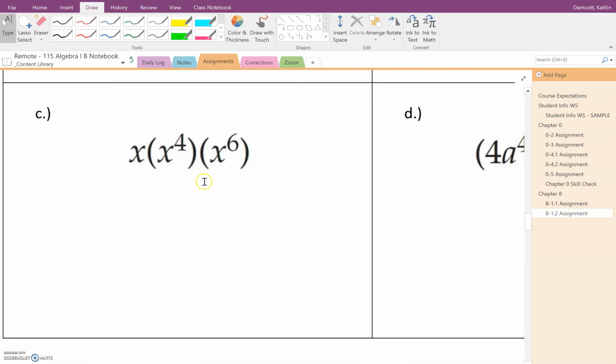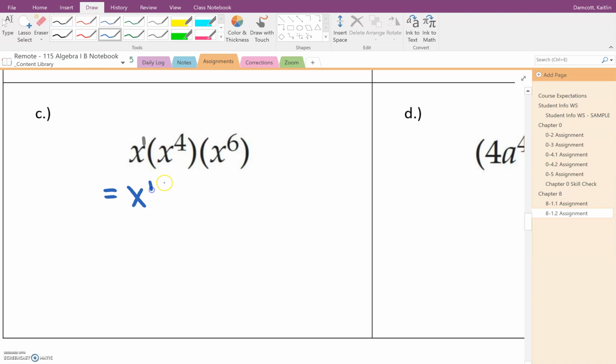Part C is a little bit easier just because there are no numbers involved. You could pull out ones to the front, but it's not going to change anything, so we can just focus on what this means for our variable. So we've got the phantom 1 on this x. So all of our bases are the same on this.